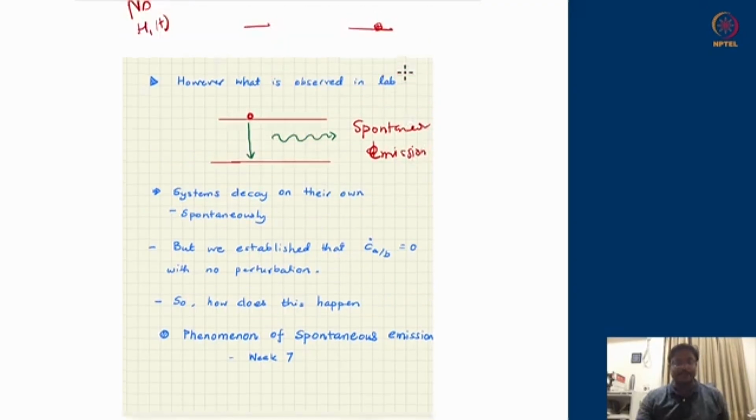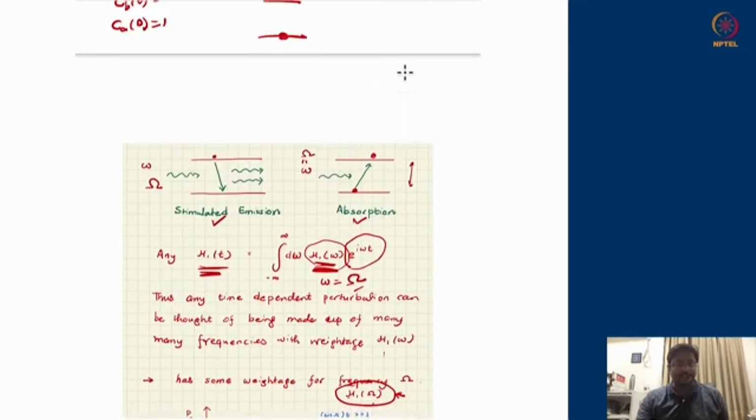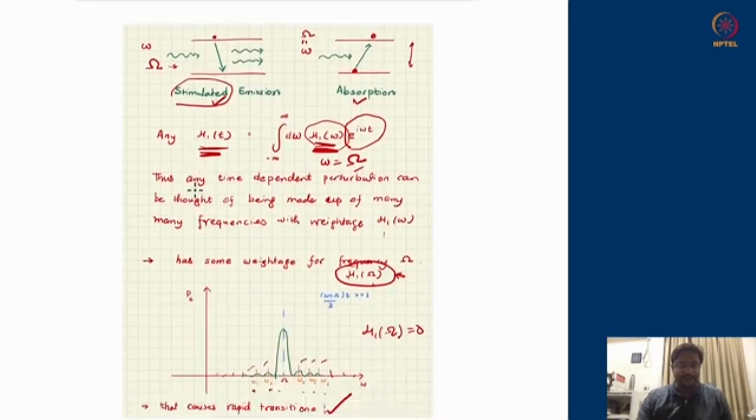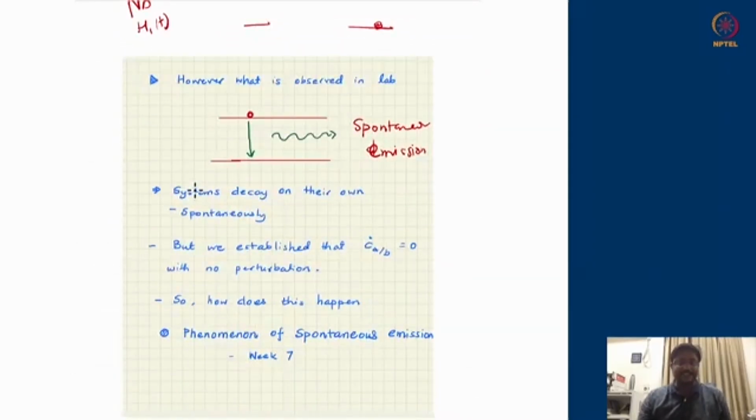Previously, when the externally applied photon was shined and then the atom came to the ground state, it was called stimulated emission because this photon has stimulated that downward movement. But in labs, it is seen that an excited atom, even without shining any external light, undergoes a decay and sends out a photon. That means you are sending in 0 photons and you are getting 0 plus 1 photon out. This is called spontaneous emission.